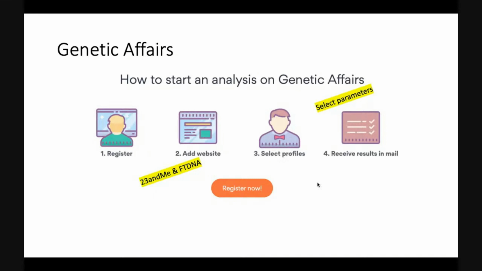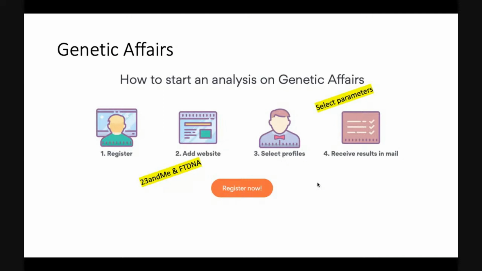So you're adding that, and you actually tell them your login and password at those sites. So for example, if you're going to do 23andMe and it's your own results, you would say, oh, here's how I log into that site.